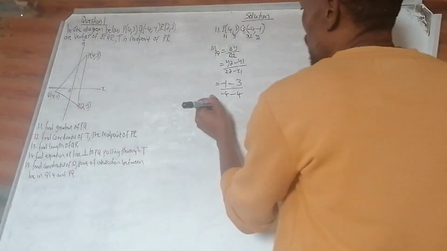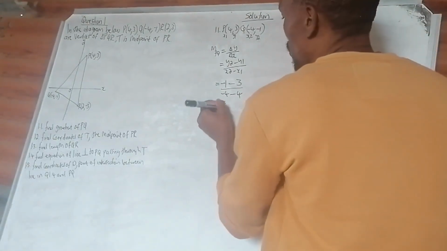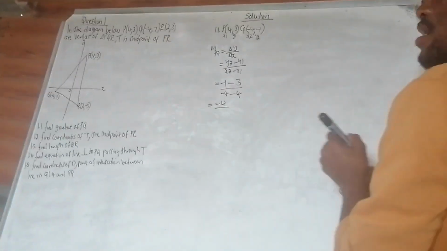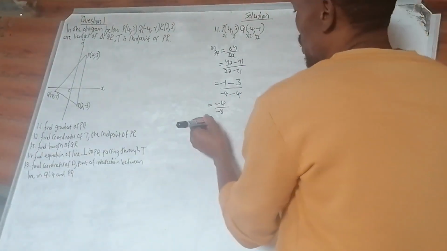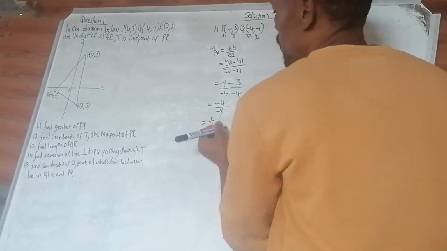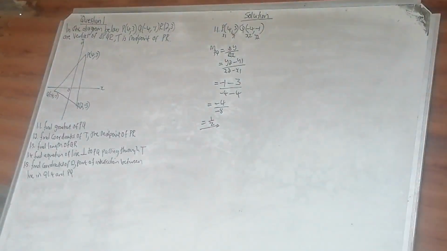Again, minus 1 minus 3, which is minus 4, over minus 4 minus 4 which is minus 8. This will give you an answer of 1/2. You just insert that on a calculator, you don't have to stress, and then you will get the answer.